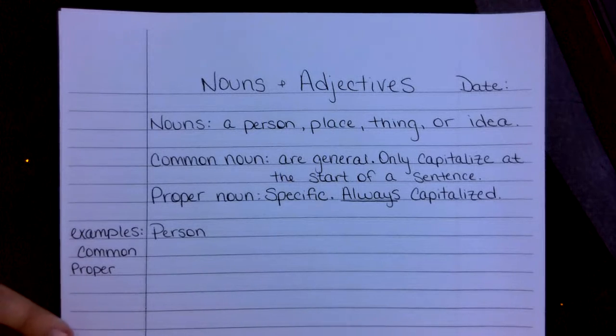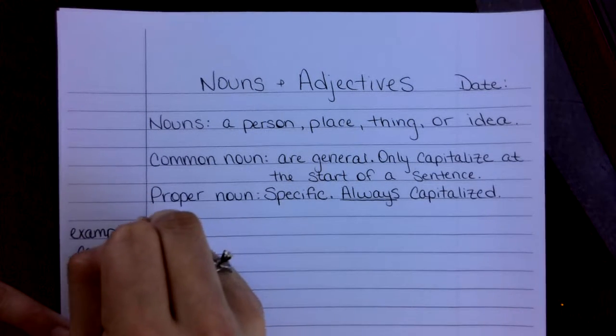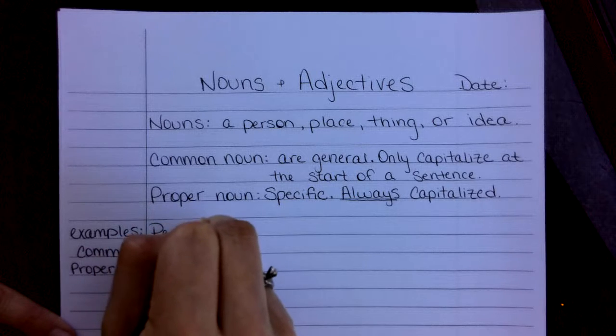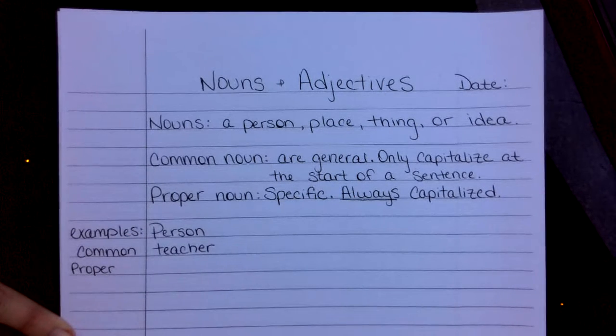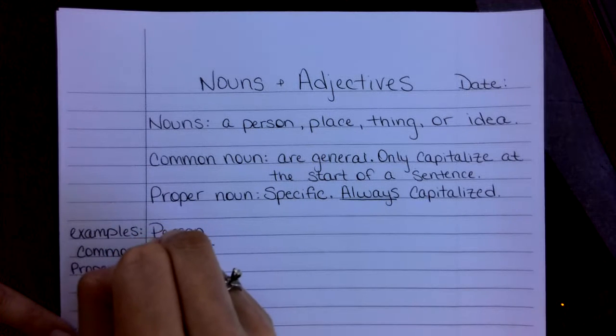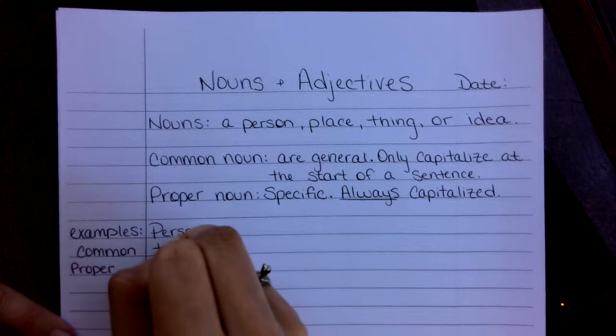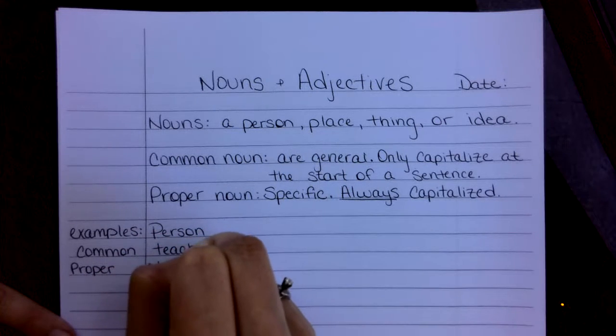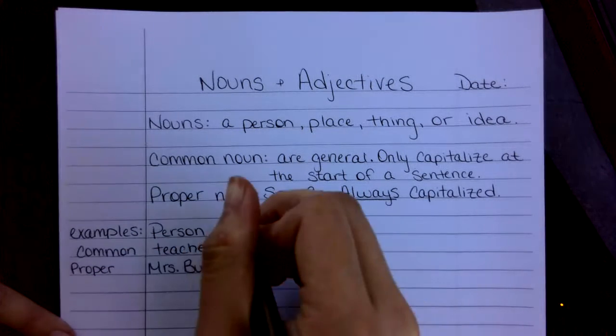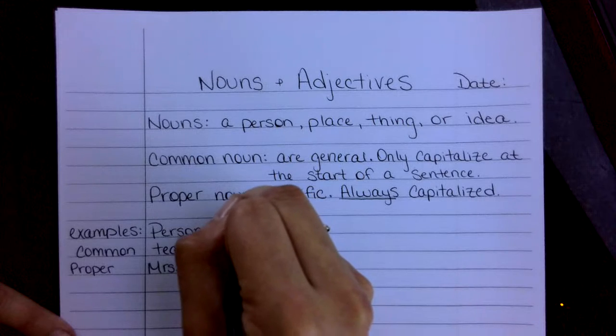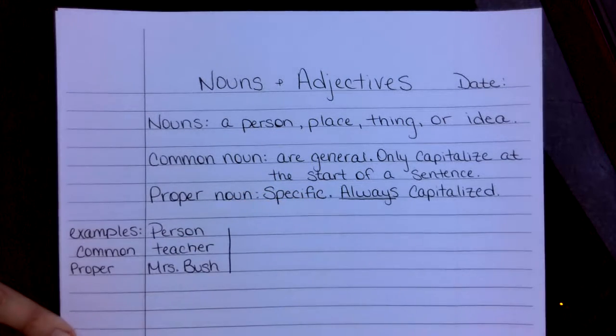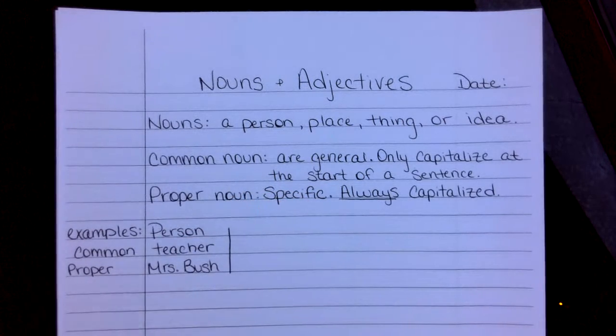A common noun for a person could be a teacher. My favorite teacher when I was in second grade, her name is Mrs. Bush. She's an awesome lady. All right, we're going to make a little divider here to separate our types of nouns.